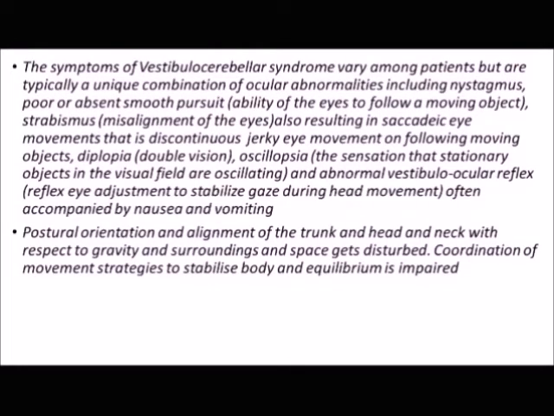The symptoms of vestibulocerebellar syndrome, which can occur due to these connections or due to the vestibulocerebellum, will vary among patients but are typically a unique combination of ocular abnormalities including nystagmus, poor or absent smooth pursuit of movements, that is ability of eyes to follow a moving object.